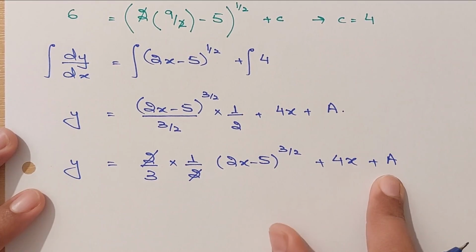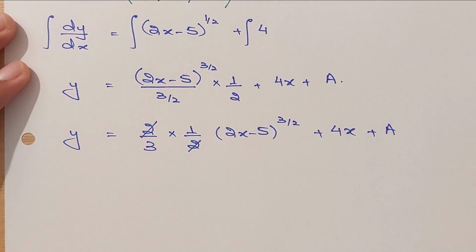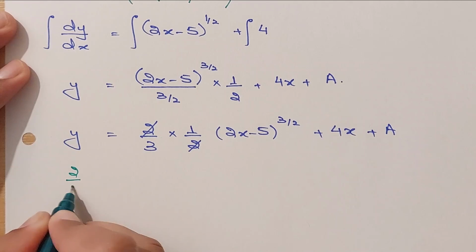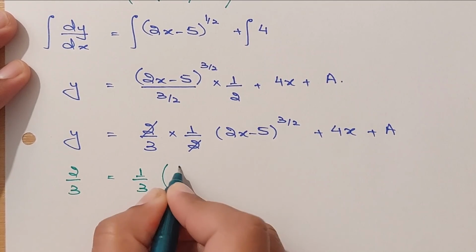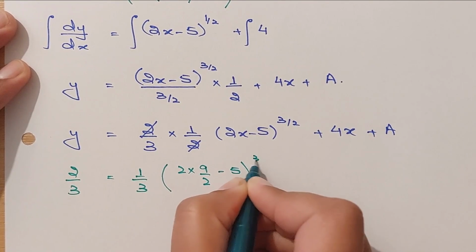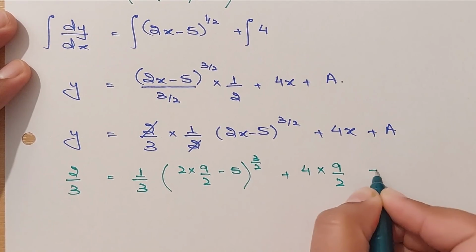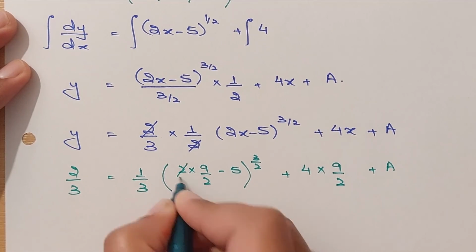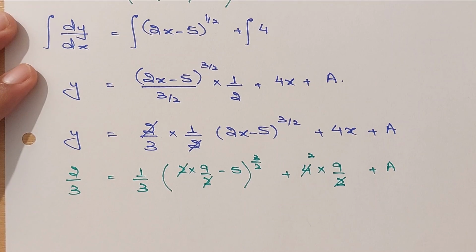To get the value of the constant of integration this time, we have to substitute this condition: x is 9/2 and y is 2/3. Right. So y is 2/3 equals 1/3, x is 9/2, so 2 times 9/2 minus 5, its whole power is 3/2, plus 4 times 9/2 plus a. 2 is cancelled with 2, and 4 times 9/2 gives 18.